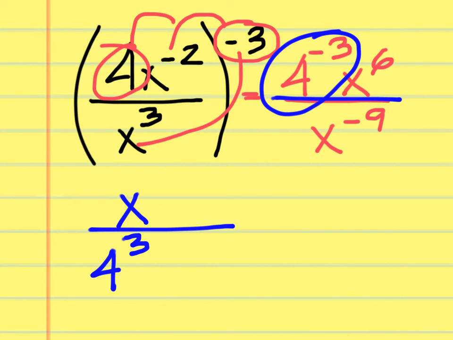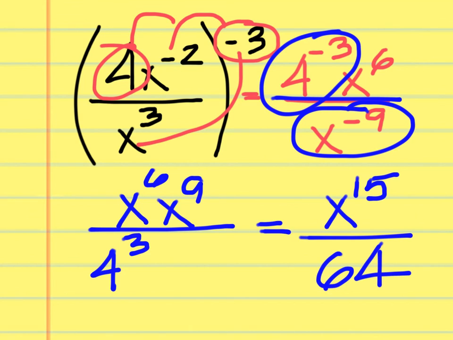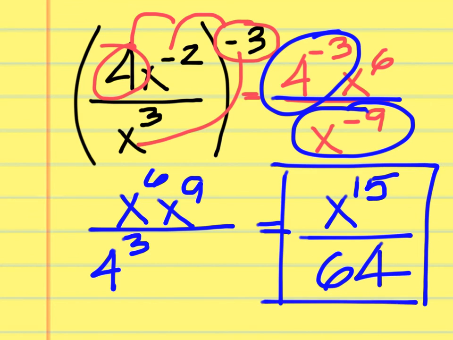Of course, x to the 6th is positive on the top, but this x to the negative 9th can go to the top and become positive. So x to the 6th times x to the 9th is x to the 15th, and 4 to the 3rd on the bottom is just 64. And beyond that, there's nothing more that you can do.